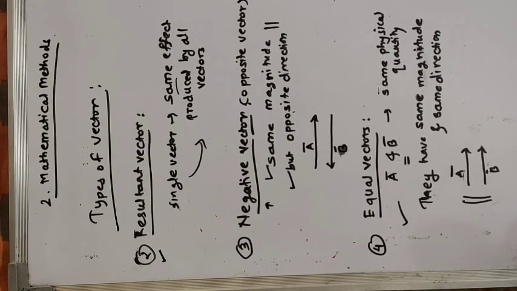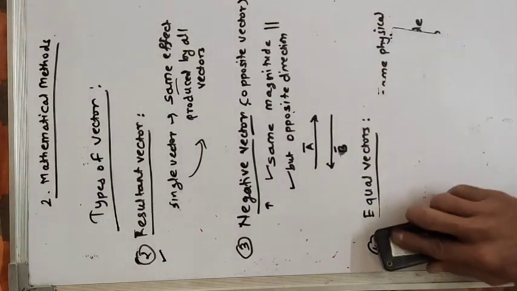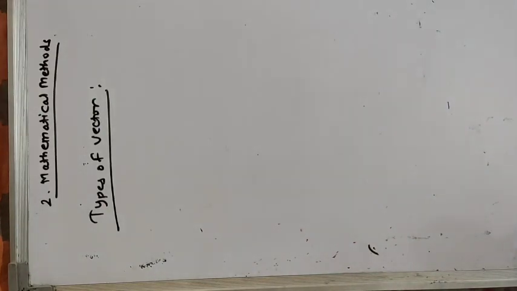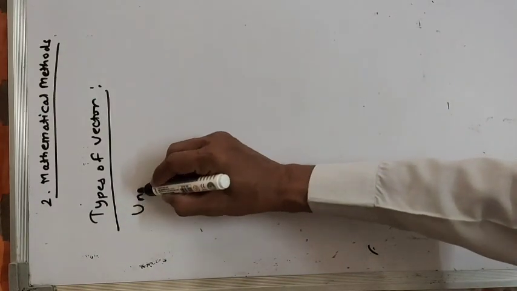Now the last definition is unit vectors. It is the most important part.